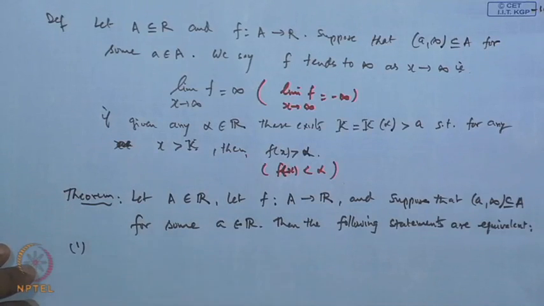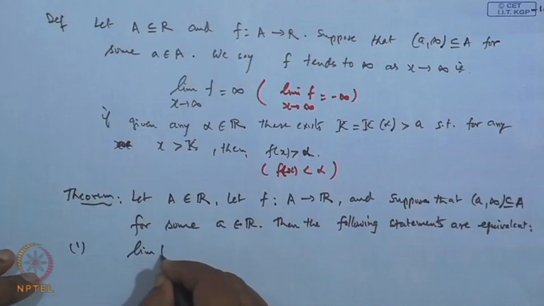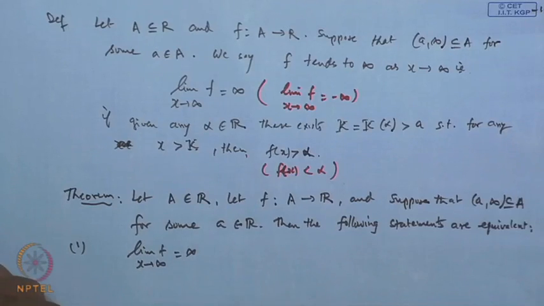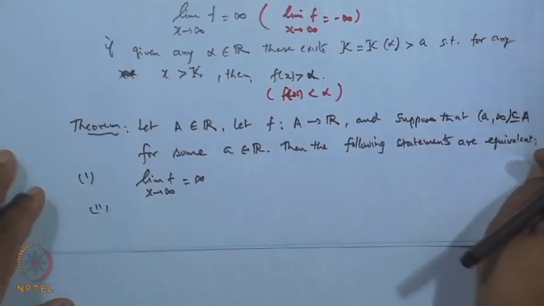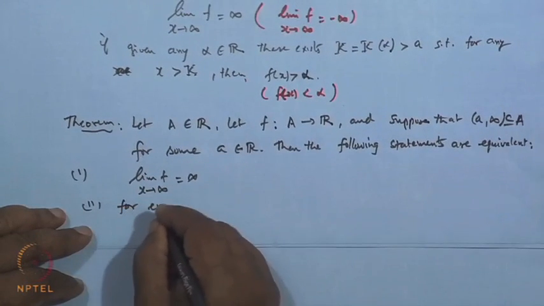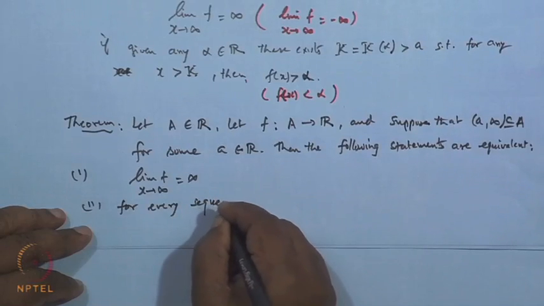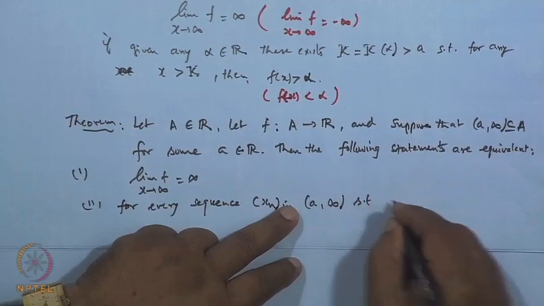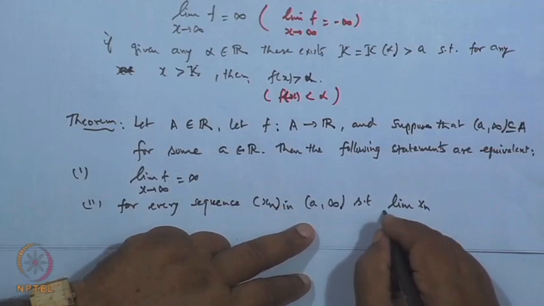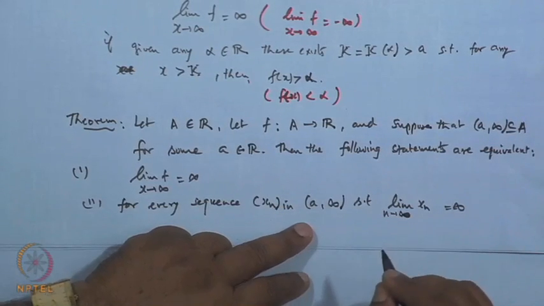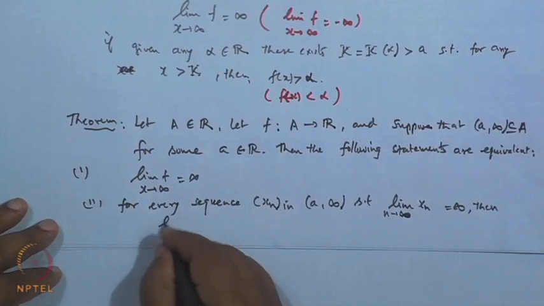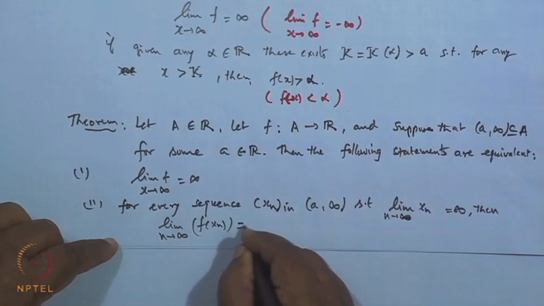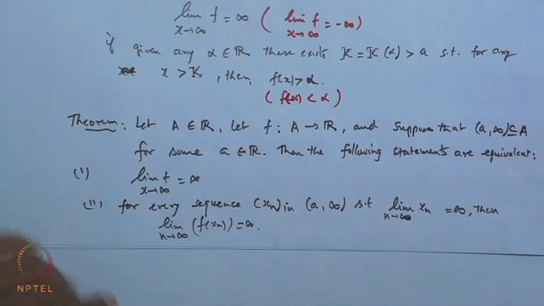The first statement is the limit of f as x tends to infinity is infinity, and the second statement says for every sequence x_n in (a, infinity) such that the limit of x_n as n tends to infinity is infinity, then the limit of f(x_n) as n tends to infinity will be infinity. So, this is the equivalent concept.